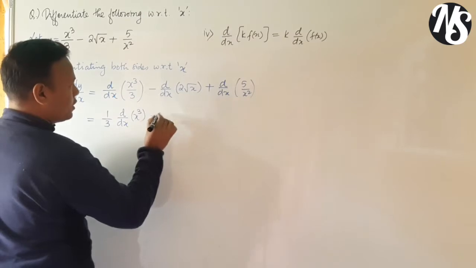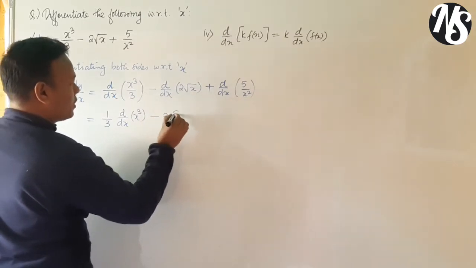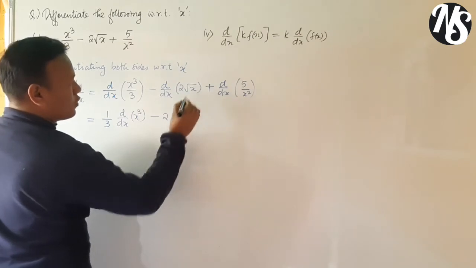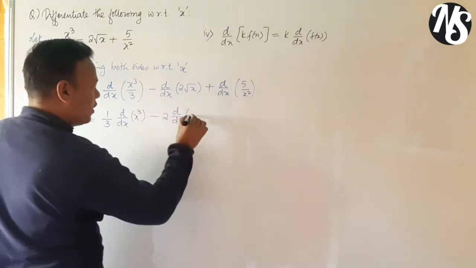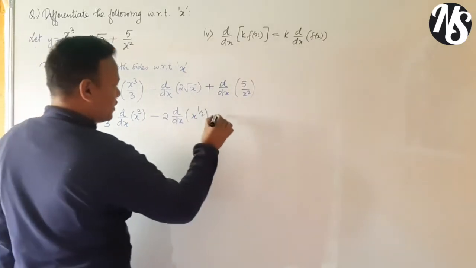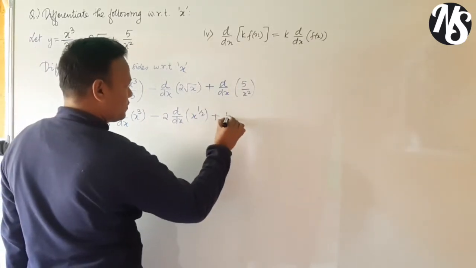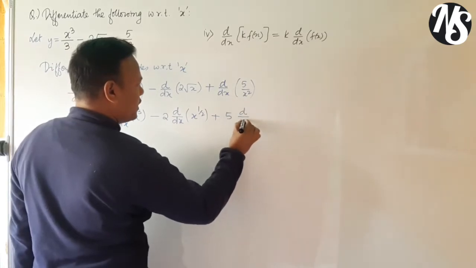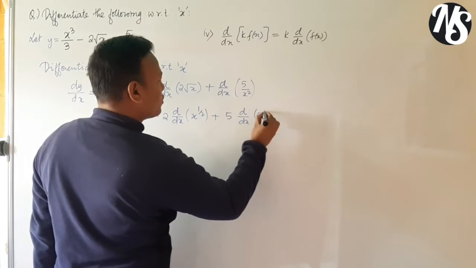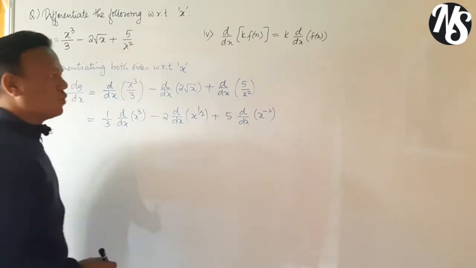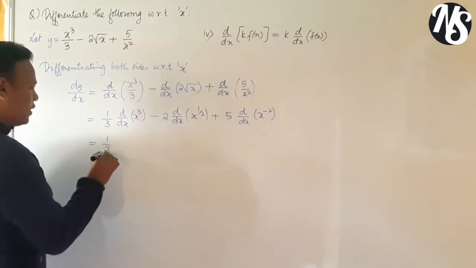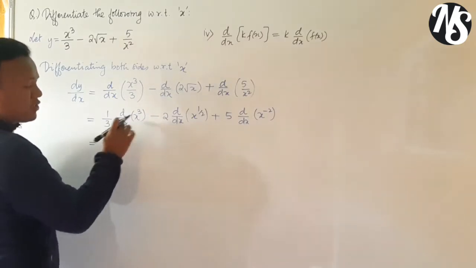Similarly this constant can be kept outside, so this becomes 2 times d by dx of, root x is x to the power half, isn't it? Yes. Plus this 5 comes outside. So this is d by dx of 1 by x square. Now 1 by x square can be written as x to the power minus 2, isn't it? Okay, so in this way we get 1 by 3. So this is d by dx of x to the power n.